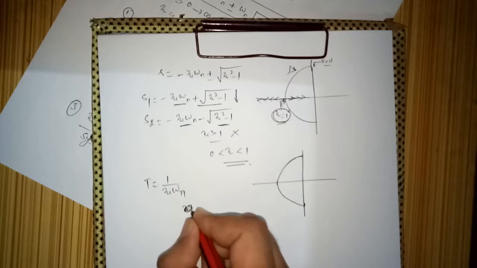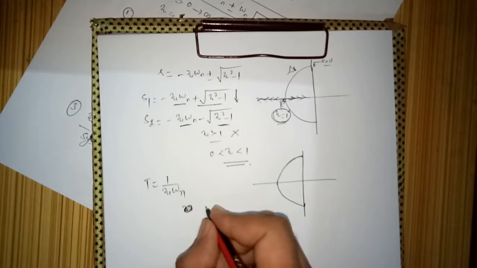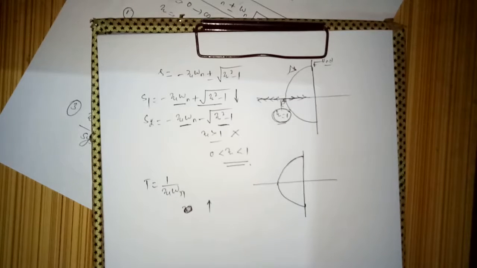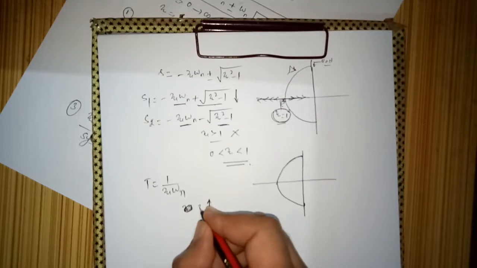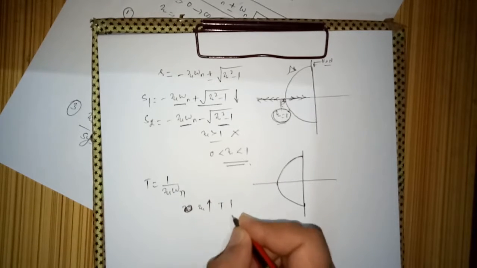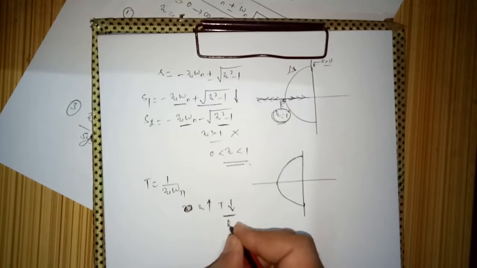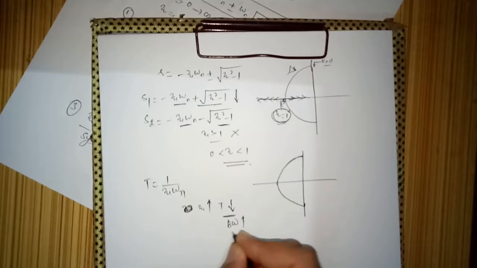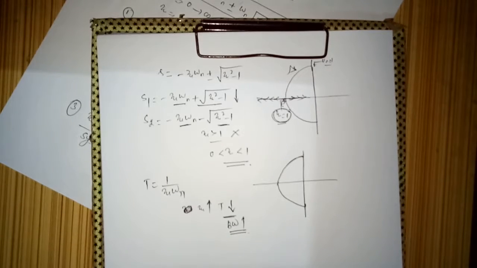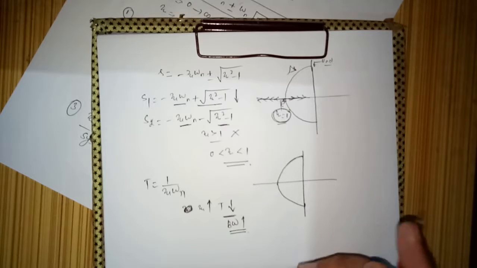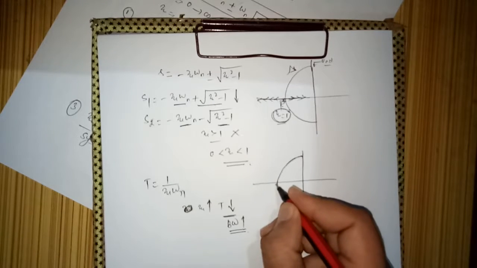But as zeta is increasing, the time constant is decreasing. Then if time constant is decreasing, bandwidth increases. If bandwidth increases, then the accuracy of the system will decrease. So generally we cannot use it here.